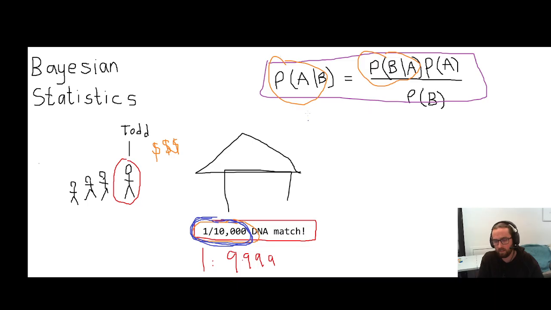And there are other examples of this. There was a case I read about recently, a British woman who got suspected of killing two infants of hers, and they were twins. They were looking at the odds that two infant twins could just die of natural causes, meaning it wouldn't have been murder. And the odds are quite low. It was 1 in a million. And then everyone was like, oh, it's a 1 in a million chance that it happened naturally, so in all the other scenarios, it must have been murder.